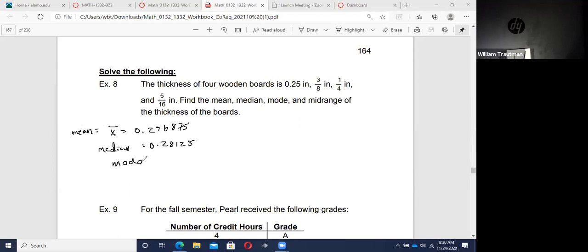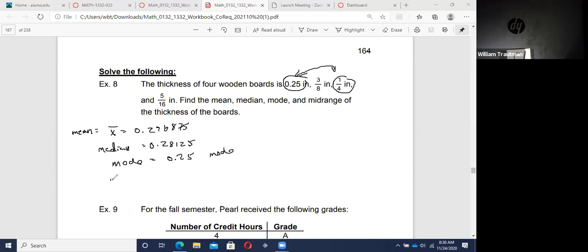The mode, what number occurs the most often? Well, you have to know this, but 0.25 and 1/4 are the same thing. They both mean the same thing. So 0.25 is the mode. That a number occurs twice. 1/4 and 0.25 are the same thing.